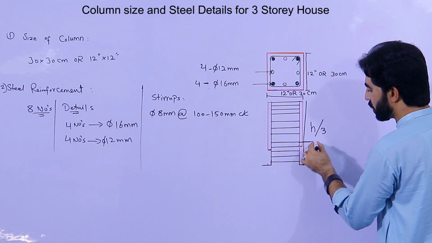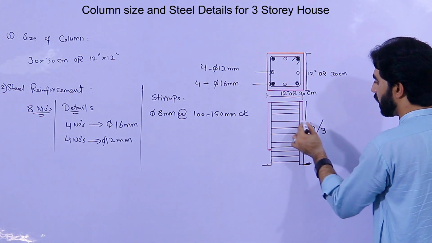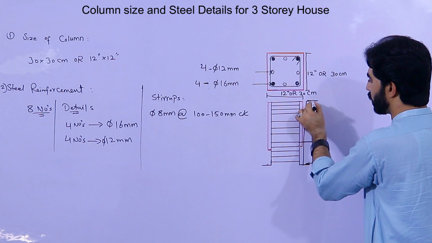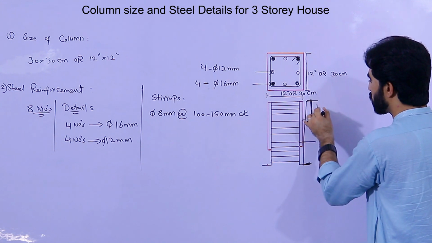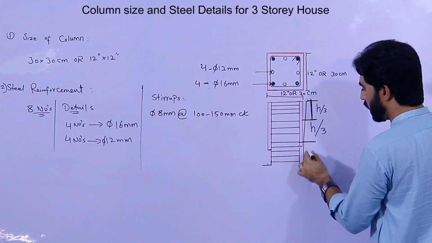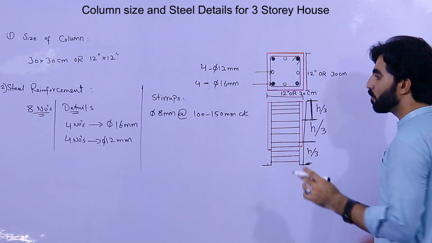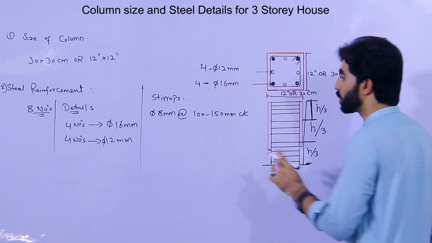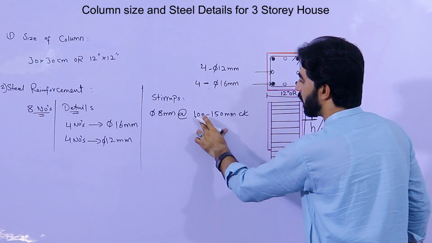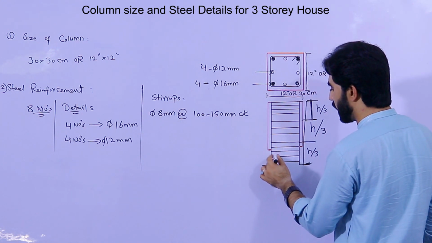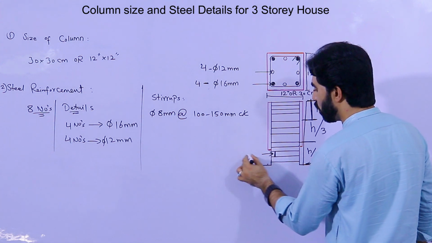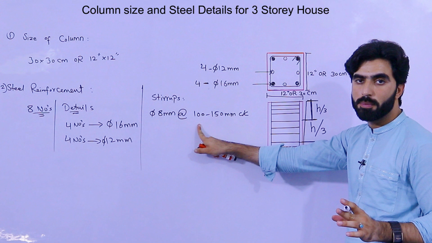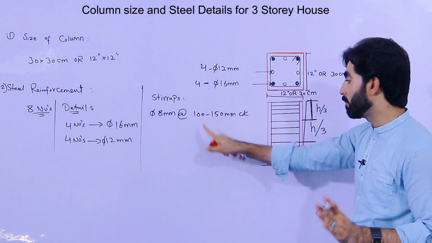Here you can see this is the h by 3 distance, and from the bottom to here is the other h by 3. For h by 3 and h by 3, the spacing of the stirrups should not be more than 100 mm, so you can say 4 inches center to center, and dia should be 8 mm for a 3-story domestic building.